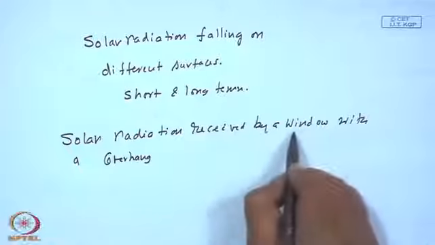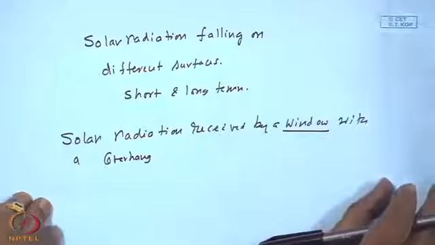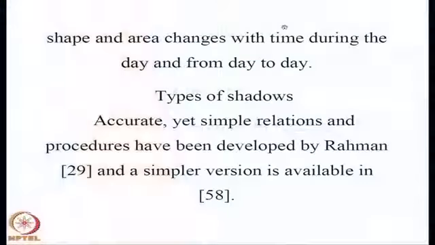It does not have to be a window, it can be any surface which is shaded by an overhang. So, we do have results for this accurate description of the shadow in the Rahman or in available 58 reference, which I shall give at the end of this lecture series.